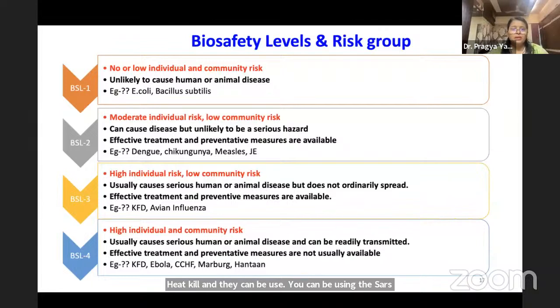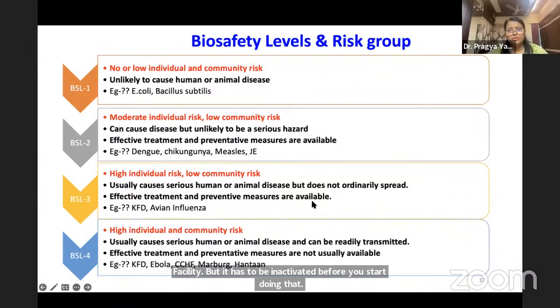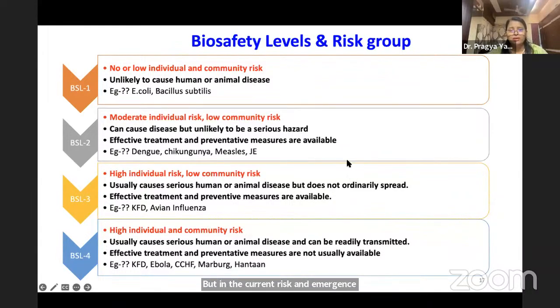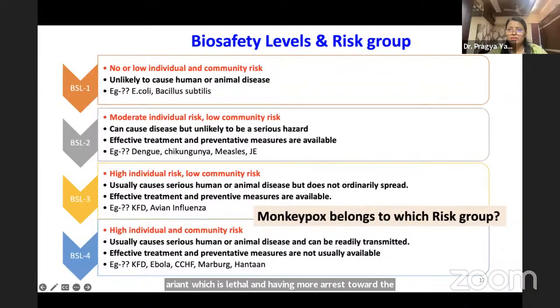The sample can be handled and tested in a BSL-2 facility, but it has to be inactivated before you start. But in the current risk and emergence of a new variant, which is lethal and poses more risk to the younger population, we consider it a new clade, and India is not endemic to this, so we would still consider this a risk group 3 pathogen.